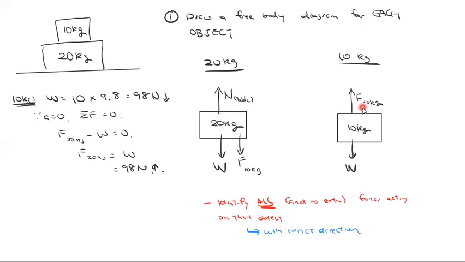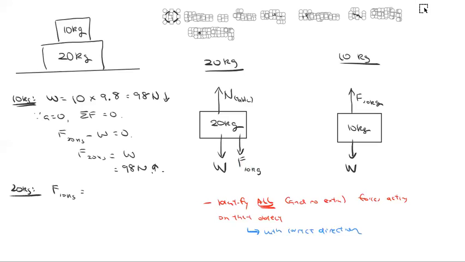Now, if the force from the 20 kilogram box is 98 newtons up, what can you tell me about the force on the 20 kilogram box from the 10 kilogram box? From the 20 kilogram box's perspective, what can you tell me about F 10 kilogram? Equal 98 newtons. And why is that?